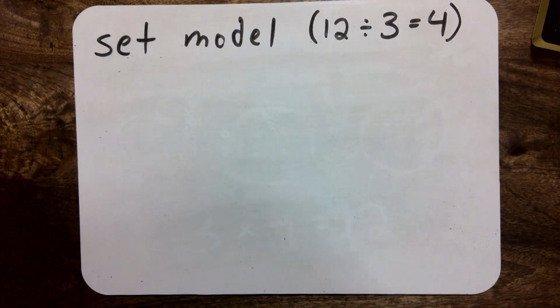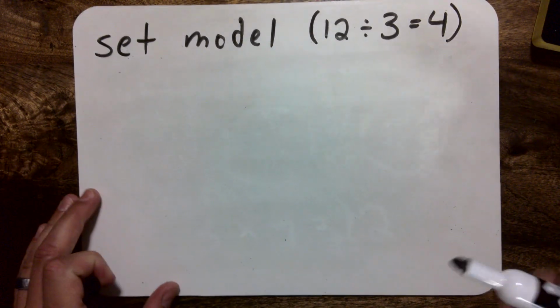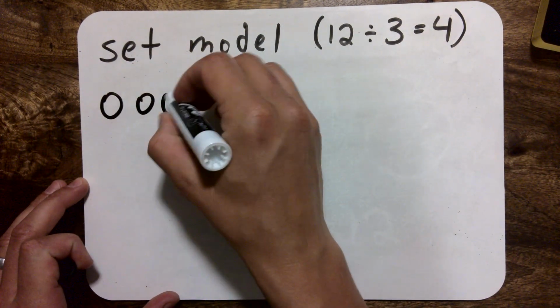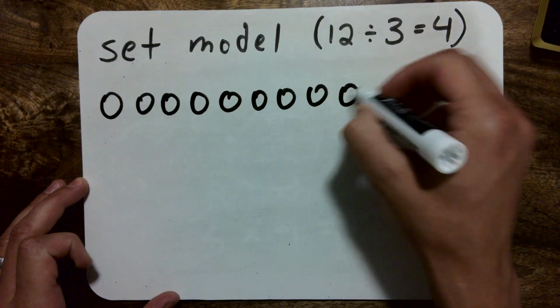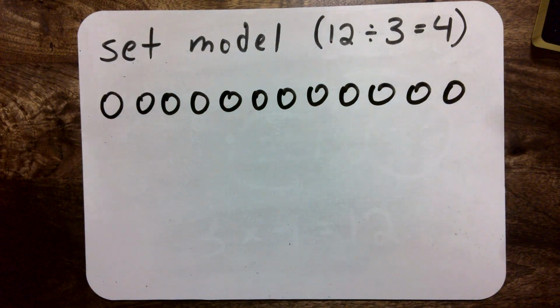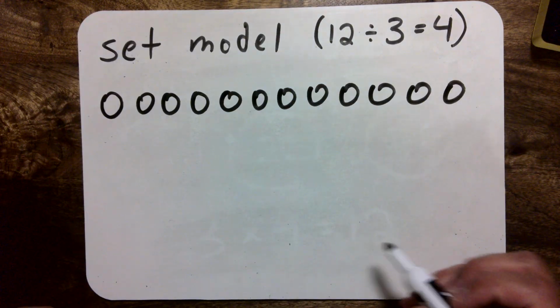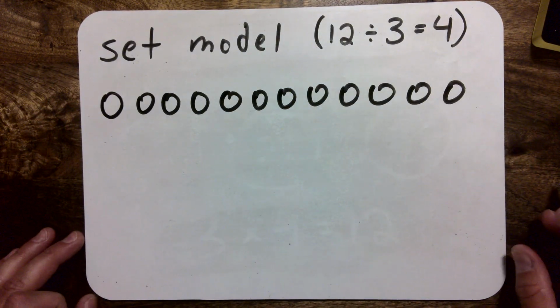For the representational model, we'd do something similar, but since we're not able to actually move these around, we'd cross them off. So I'm going to have 12 circles there, and I want to subdivide these into 3 equal groups.